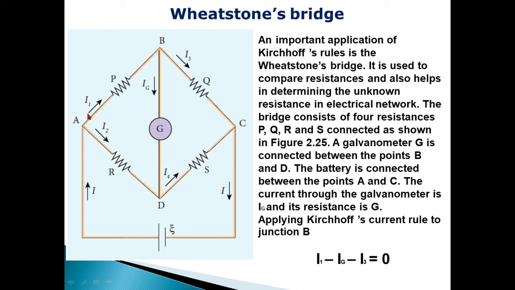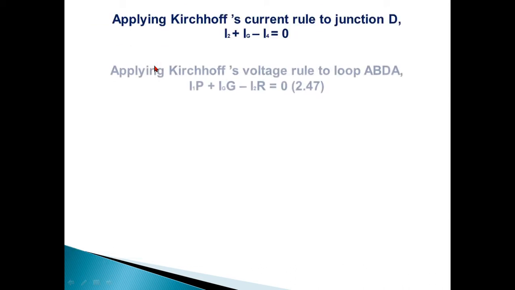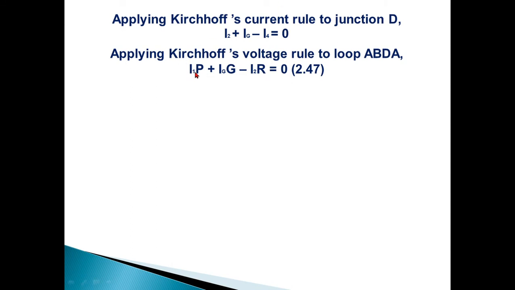First, we take the circuit A, B, D, A. From this circuit, the equation can be written as I1P plus IgG minus I2R is equal to 0, because the statement is the algebraic sum of the product of the resistance and the current.